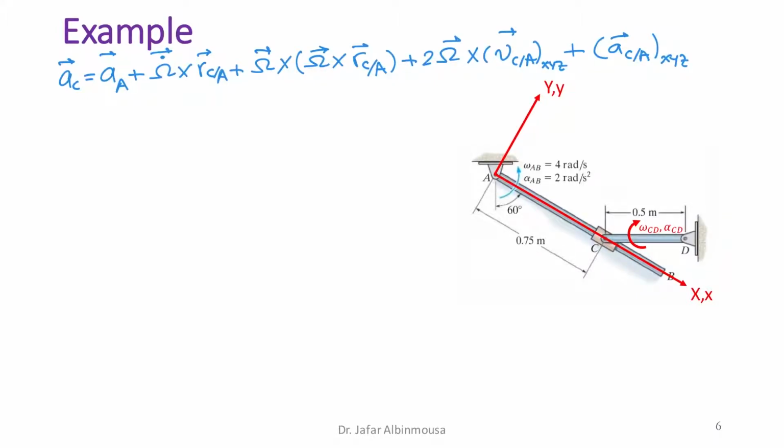Now what are we going to do? We will write down the left hand side as a function of CD, and we will keep the right hand side the same.